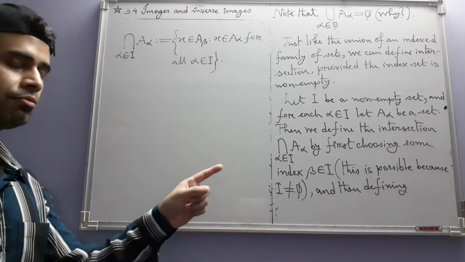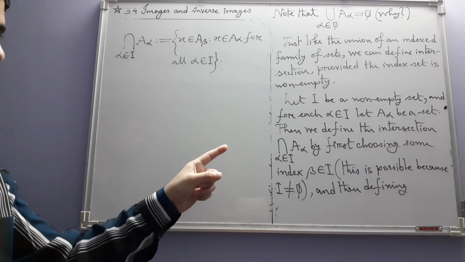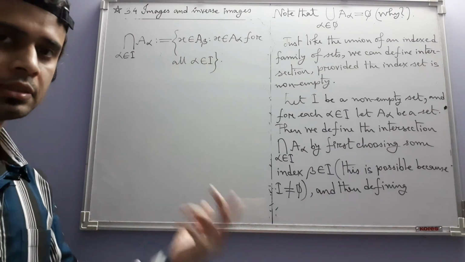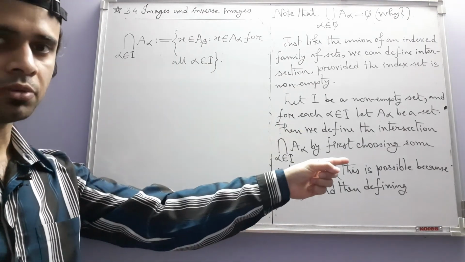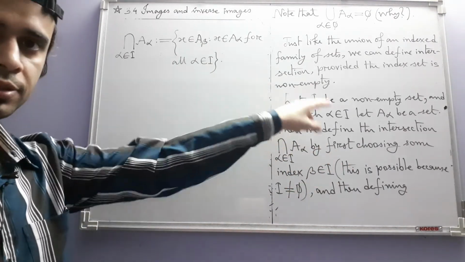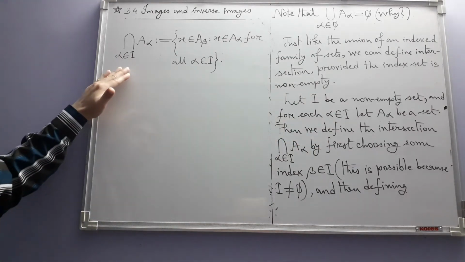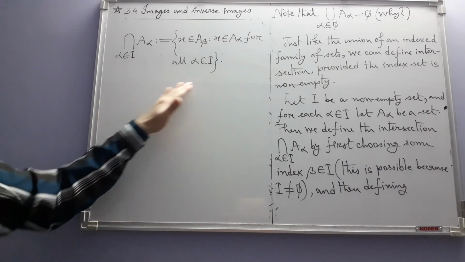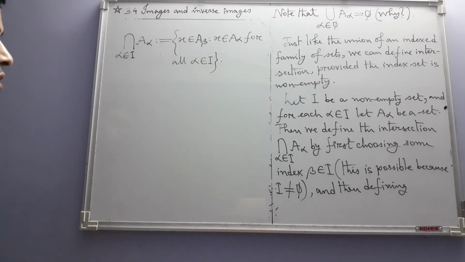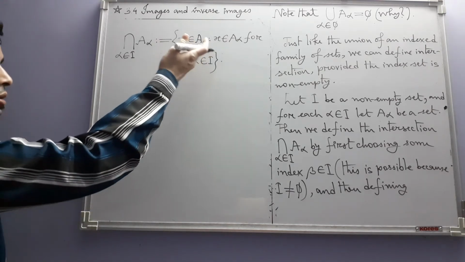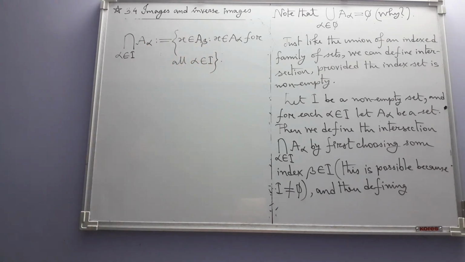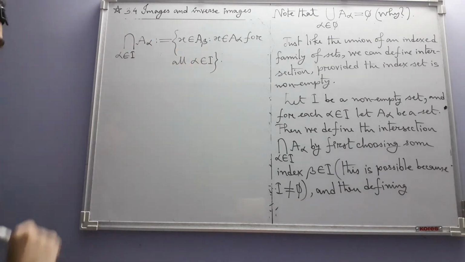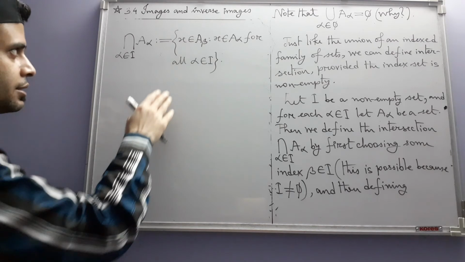Okay. When we defined the union of an indexed family, the fact that it is a set followed from the axiom of replacement and the axiom of union. However, what ensures that this is a legitimate set? You can see that this follows from the axiom of specification, because according to our definition, the intersection is a subset of A beta. But what subset?